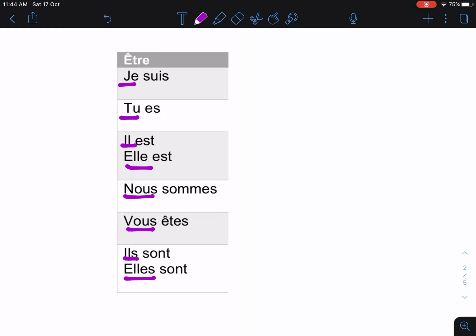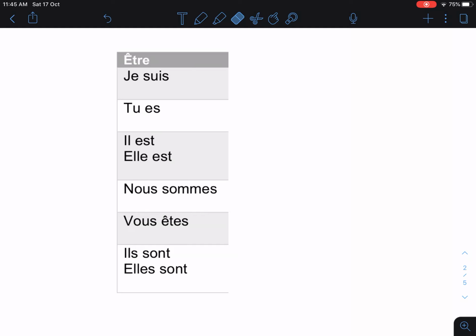Again, je, tu, il, elle, nous, the S is silent, vous, the S is silent, ils, the S is silent, and elles, the S is silent. Well, I shall repeat that again.